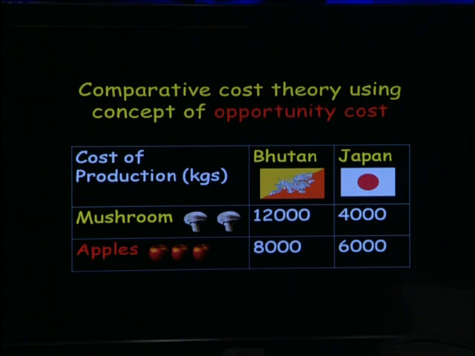This is data showing the cost of production incurred by Bhutan and Japan in the production of mushroom and apple. As per this table, Bhutan has absolute advantage in producing both commodities, mushroom and apple. Why?